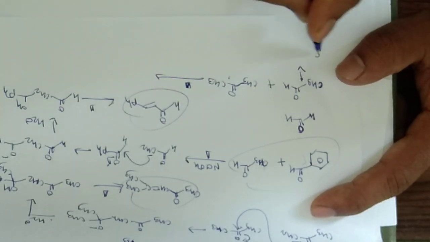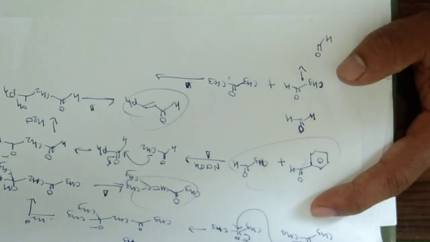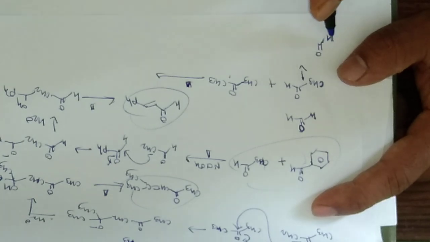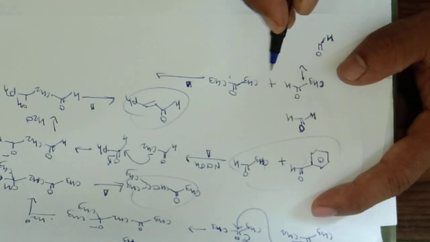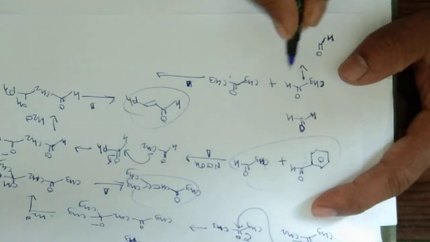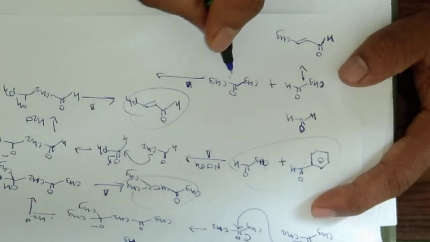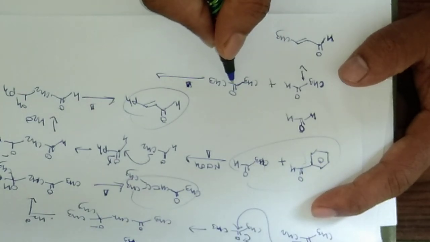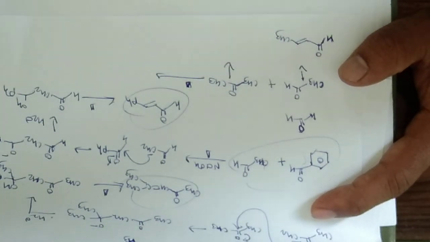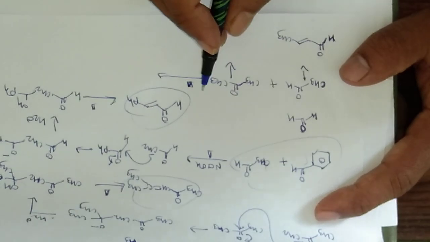So what will be that product? I am writing here, not going into detailed mechanism. We only want the answer to that question. So this is the product of the self aldol condensation of acetaldehyde.